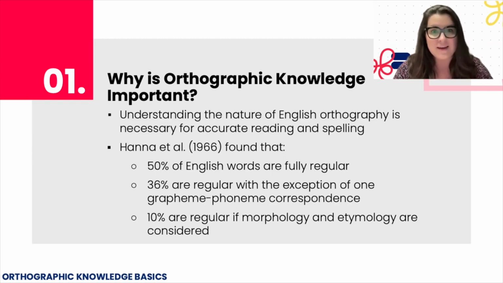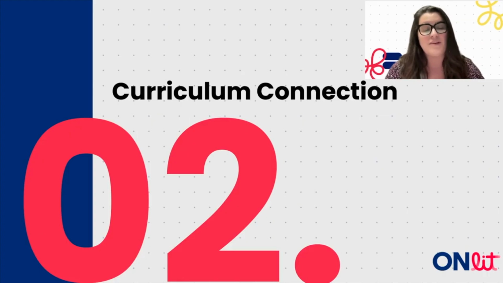So taking these together and doing some math, this means that approximately 4% of English words are truly irregular, which points to the importance of having a deep understanding of how our language works and the structure that supports its representation in print.